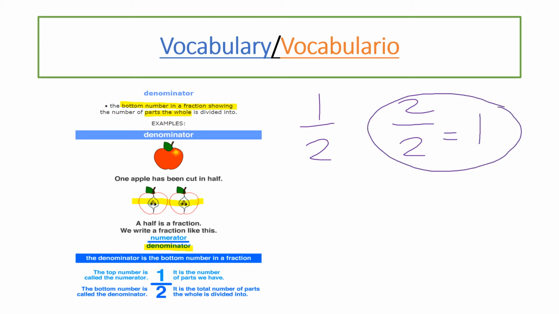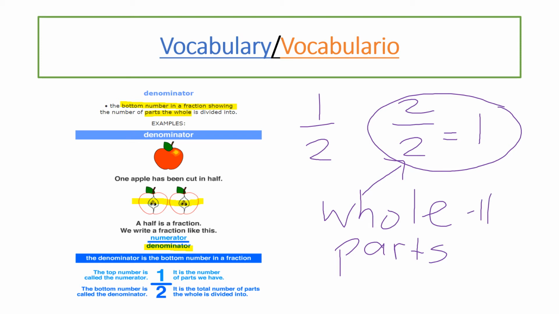Remember, our denominator is our bottom number of the fraction, and it represents the whole number of parts. That hashtag represents numbers in math. The whole number of parts. What does the denominator represent? You got it, the whole number of parts.